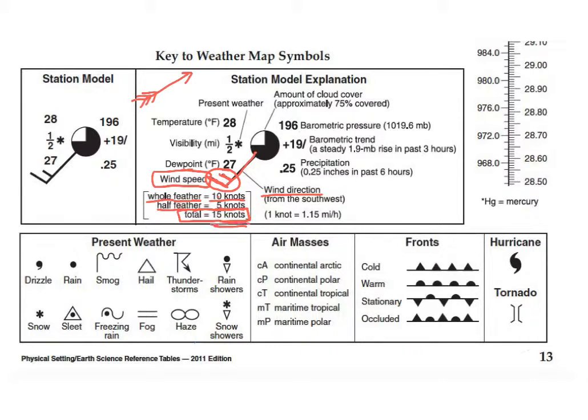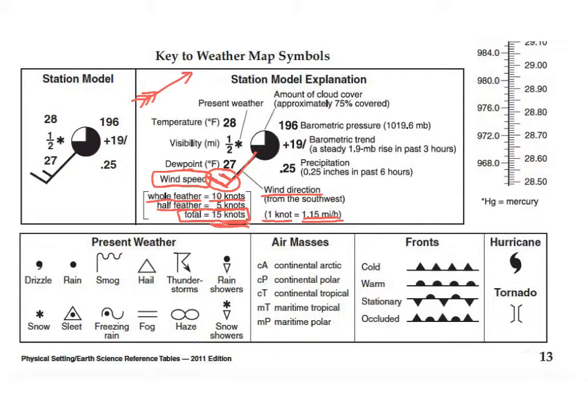A lot of times they use these out at sea, like if you're out on a boat, they will say the wind speed is 15 knots. For us, I just think about a knot as being really close to about a mile per hour. A knot is a little bit more than 1 mile per hour. 1 knot equals 1.15 miles per hour, but they're pretty much the same.